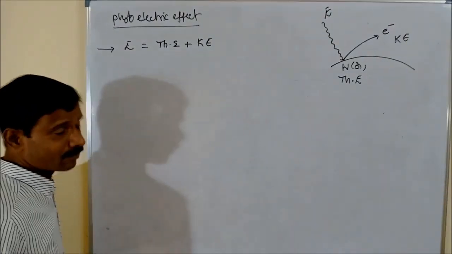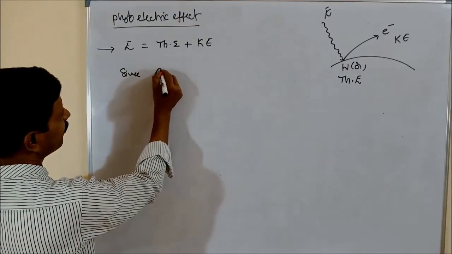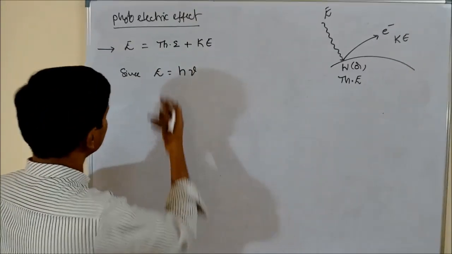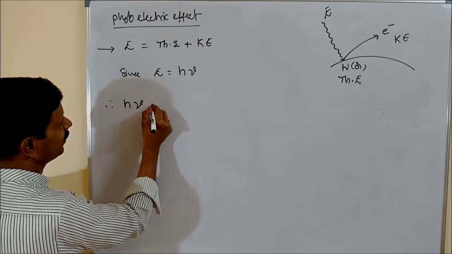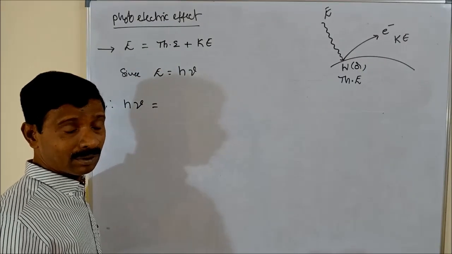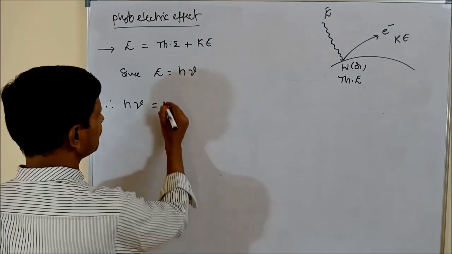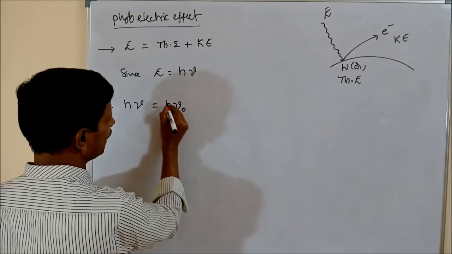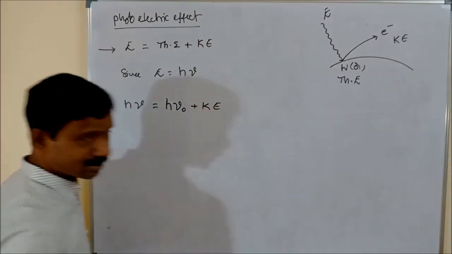And now, according to quantum theory, since E equals h nu, the total energy utilized is h nu. The threshold energy is the minimum energy required, so its frequency is also minimum. That means the threshold energy can be considered as h nu naught, plus the kinetic energy of the ejected electron.